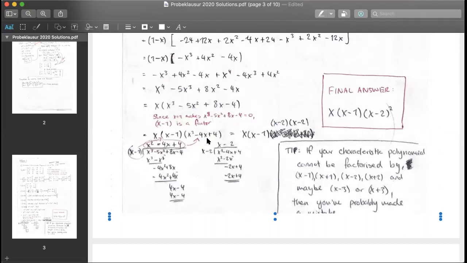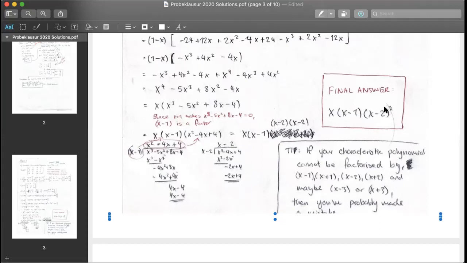Minus 1 doesn't work, but 2 works because 2 squared is 4, minus 8 is minus 4, plus 4 is 0. Fair enough. So x minus 2 is a factor, and in case you couldn't factor that immediately, you can do it using the polynomial division method as well. And out comes x minus 2 and x minus 2. All right, so your overall factor becomes x minus 1 and x minus 2 squared. So that's your final answer.